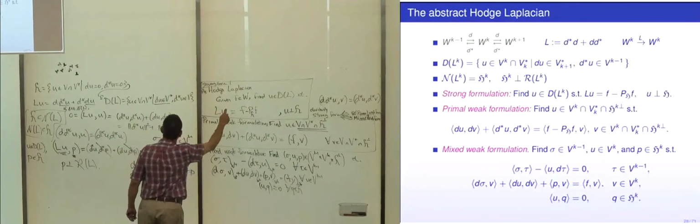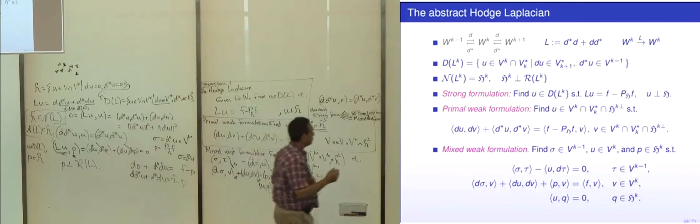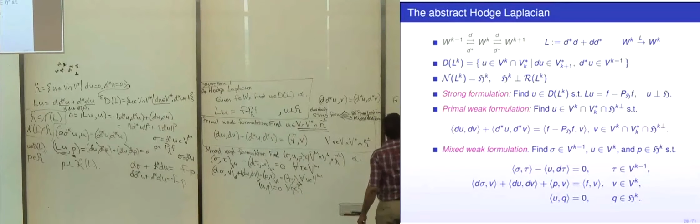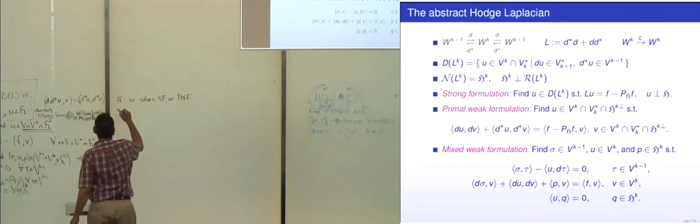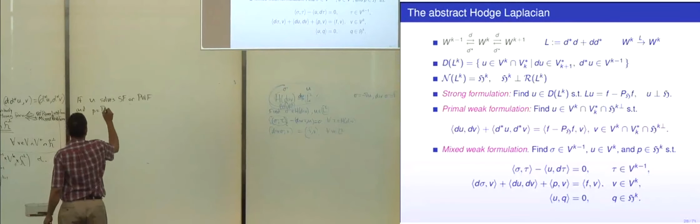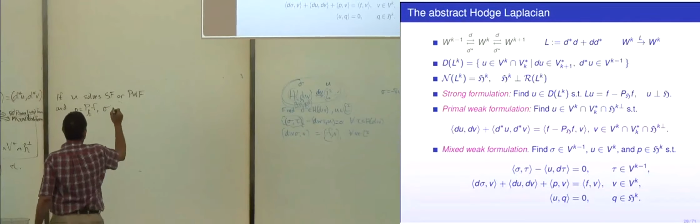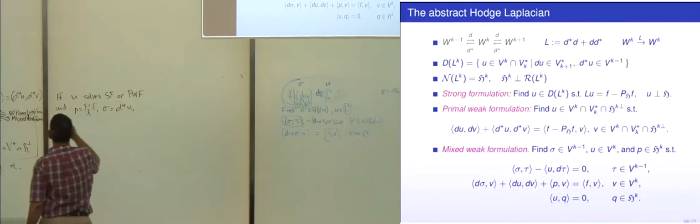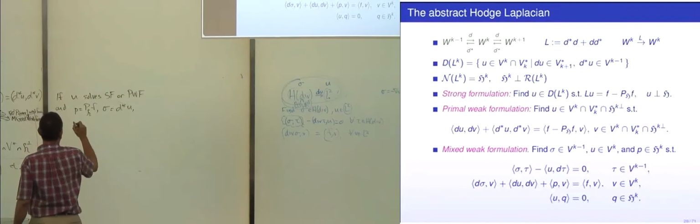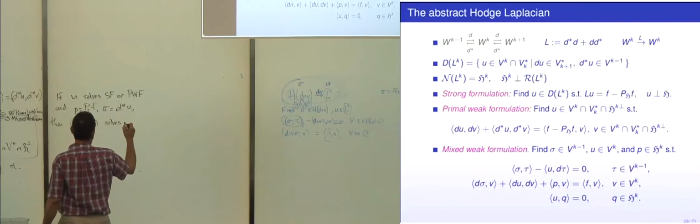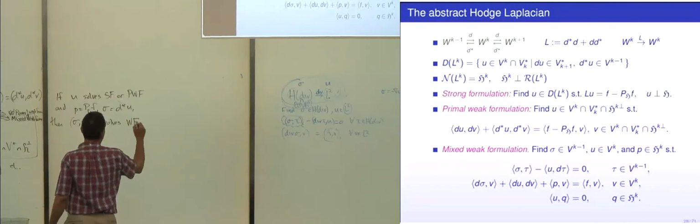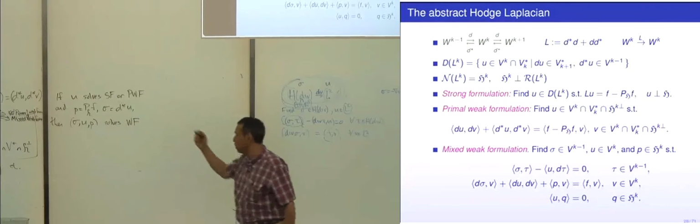And when I say a solution of the primal solves this, I mean if u solves the strong form or the primal weak form, and p is P_H f, and sigma is d star u, then (sigma, u, p) solves the weak form, and that was the one that was obvious.